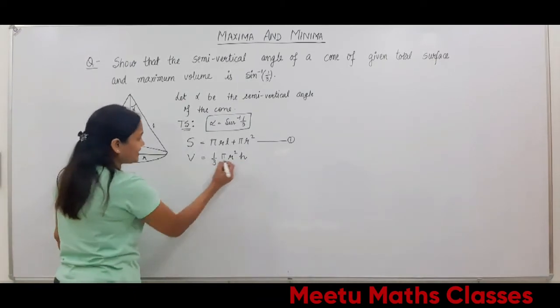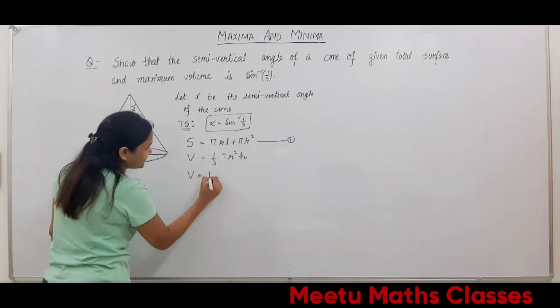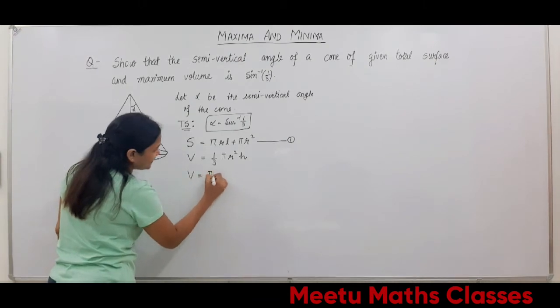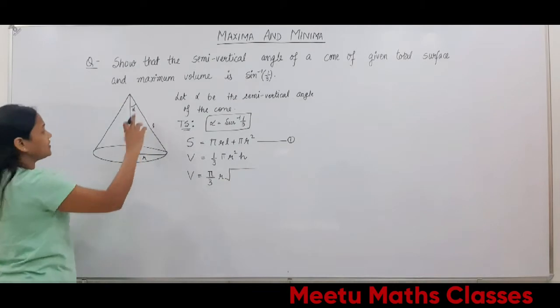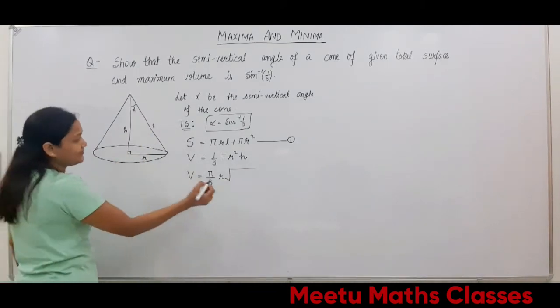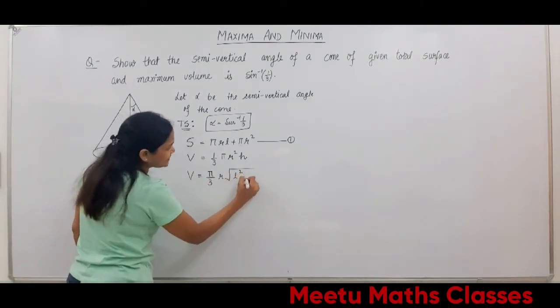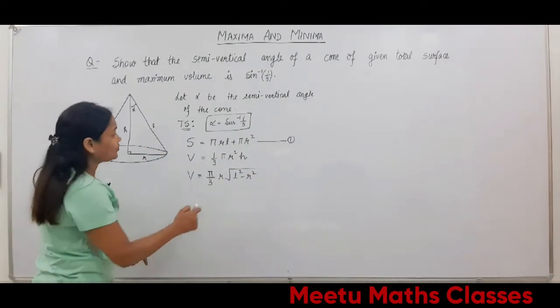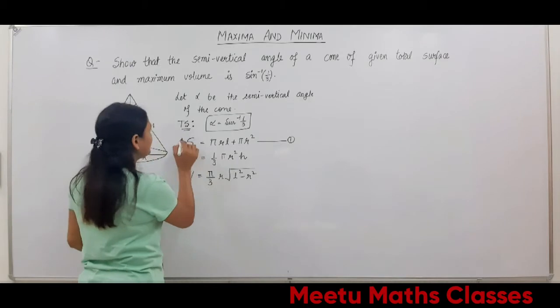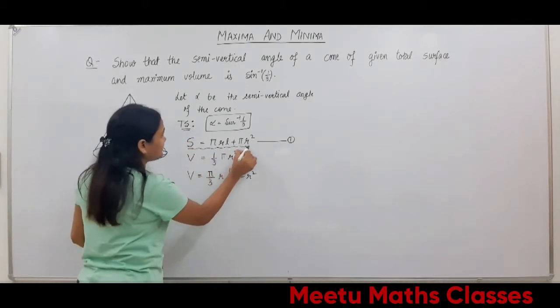So first of all, replace h. So volume can be written as pi by 3 r square, and h can be written as the square root of l square minus r square. And now you can easily find out the value of l from this given surface area.